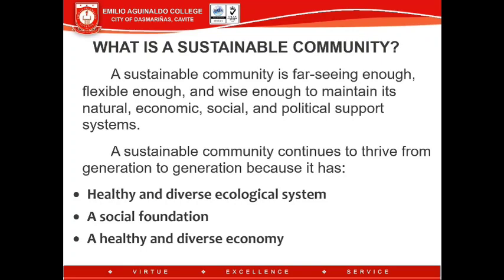Second, a social foundation that provides for the health of all community members, respects cultural diversity, is equitable in its actions, and considers the needs of future generations. And last, a healthy and diverse community that adapts to change, provides long-term security to residents, and recognizes social and ecological limits. And that ends our lecture for today.